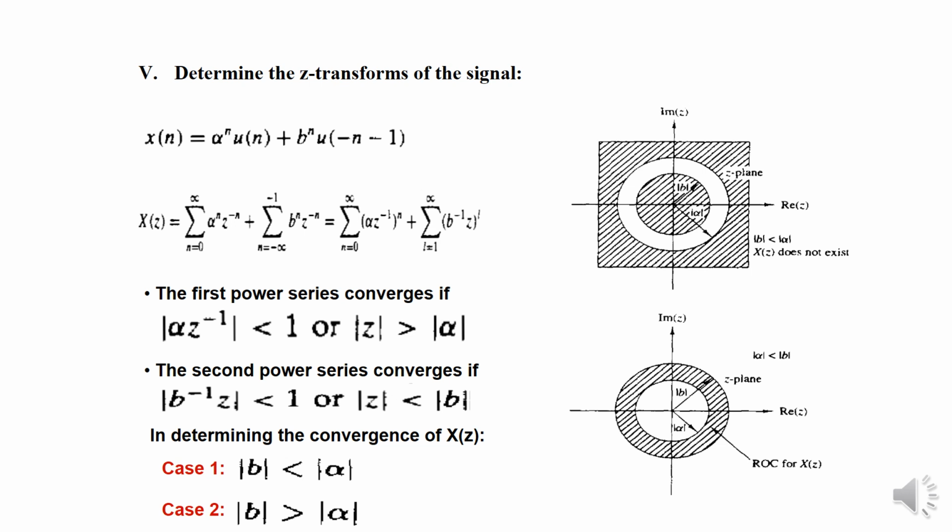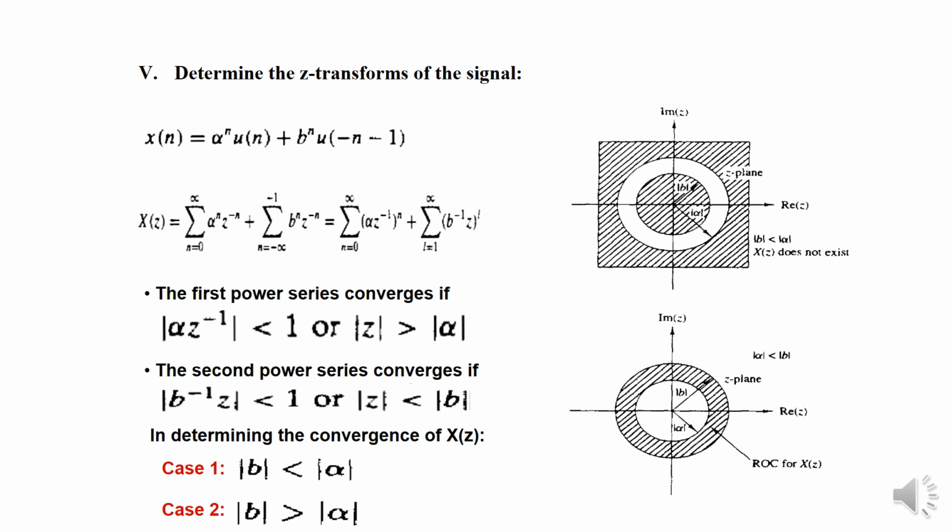Like the previous one. Then if you can find, there will be two series, right? Sum of (a z to the power minus 1) to the power n, plus the sum from n equal 1 to infinity of b to the power minus 1 z to the power n, right?